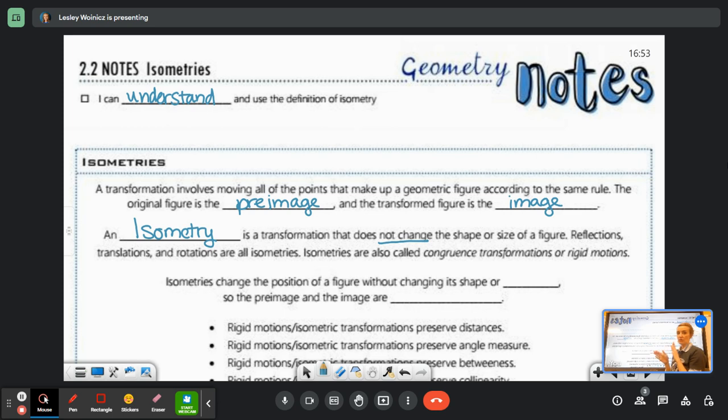So those are all synonyms. Isometries change the position of a figure without changing its shape or size. That is to say, the pre-image, that's the before, and the image, that's the after, are congruent.